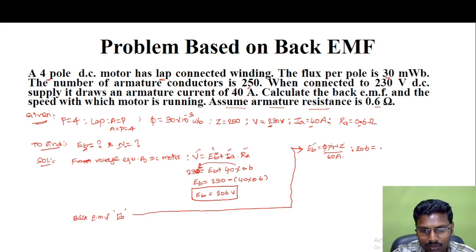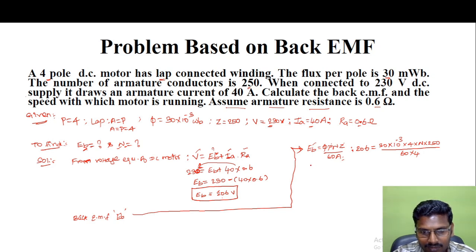So 206 is equal to phi. The value of phi is 30 into 10 to the power minus 3, into the number of poles, which is 4 here, into N, the unknown speed, and Z is equal to 250, the whole divided by 60 into A. The number of poles is equal to the number of parallel paths in lap winding, so A is equal to 4.